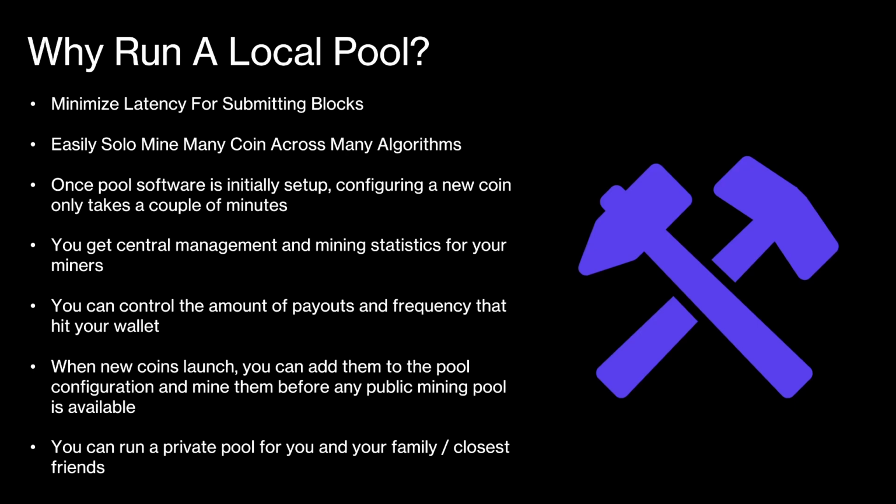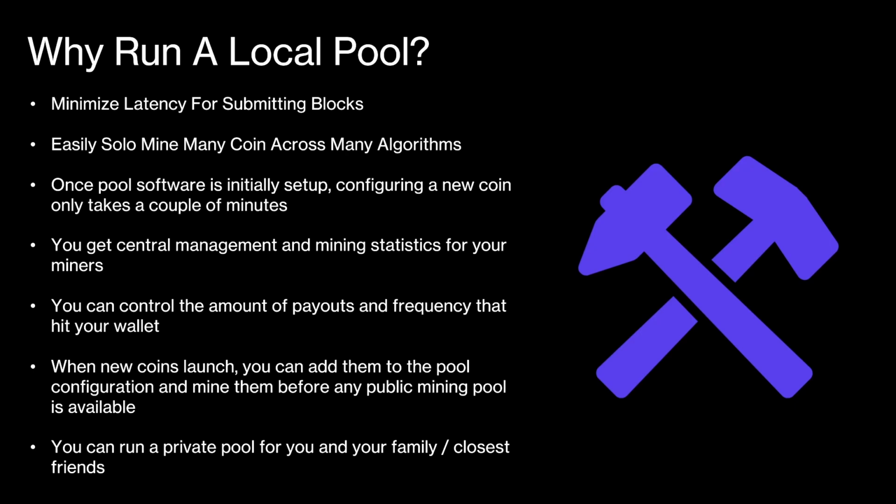You get the ability to see all your workers, what their effective hash rate is. You're going to be able to see what the network difficulty is, what the best share submitted is, things like that. And once the pool's initially set up, configuring a new coin only takes a couple minutes.